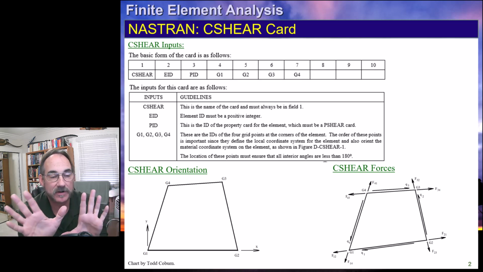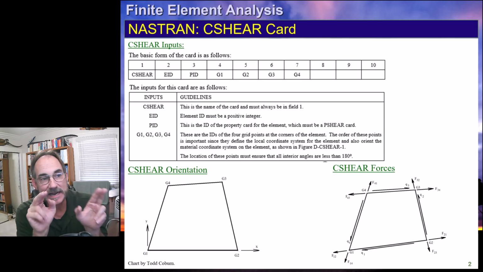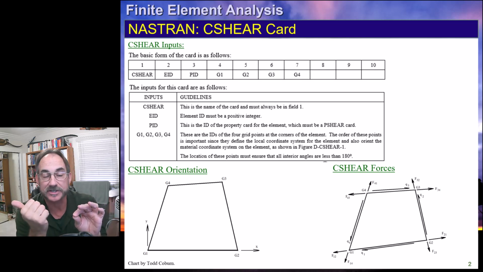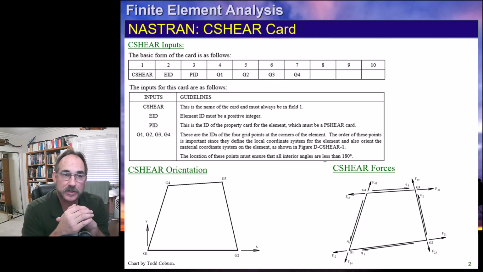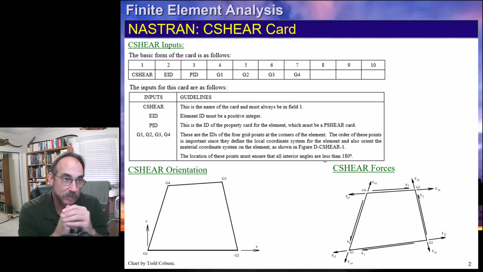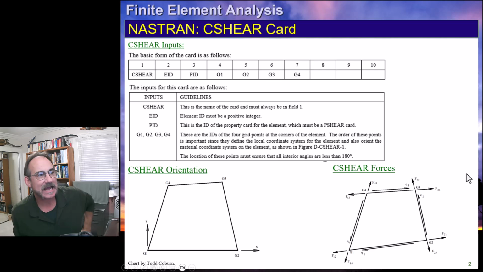If they're positive, they're pulling away. This means they're never going to be both positive, because that would mean they're pulling against each other. Not possible, because the shear flow is acting one direction, so both of these are going to represent that flow going in the same direction. So that's kind of our orientation.